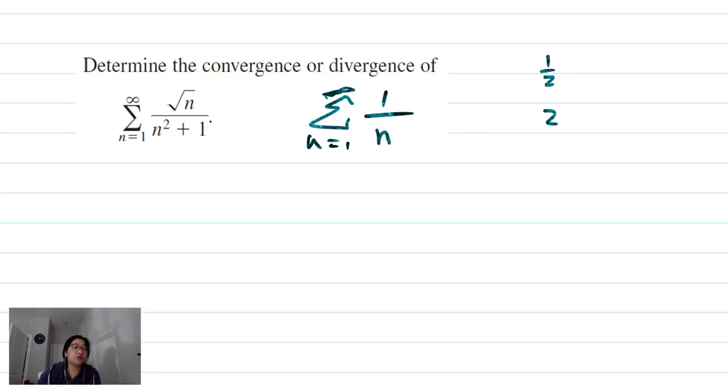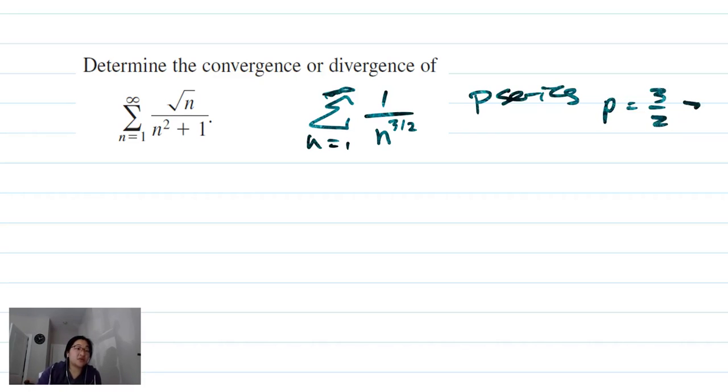So overall, the degree of our polynomial is going to be 3/2, or our power on n. Sorry, it's not really a polynomial. So what do we have for this series? This is a p-series, and it converges because p is 3/2, and that's greater than 1.